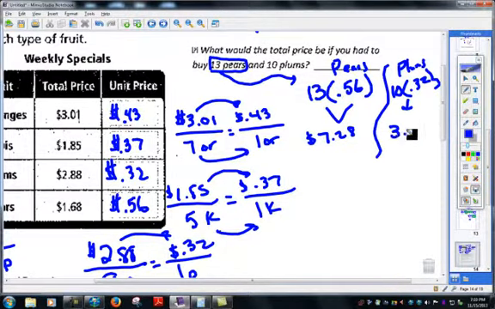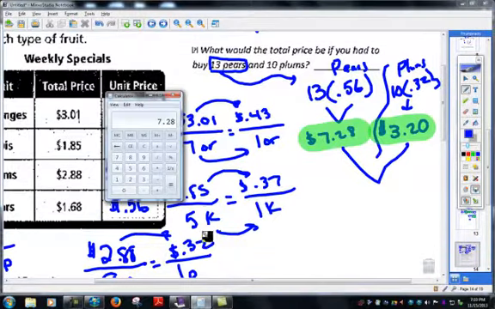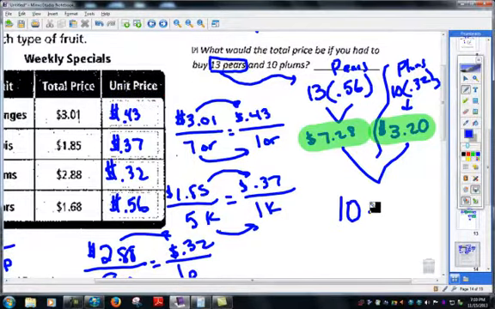That's 3.2, which we know is not $3.02, but $3.20. So there's how much I'm spending on my pears and how much I'm spending on my plums. I need to add those two values. 7.28 plus 3.20 gives me $10.48.